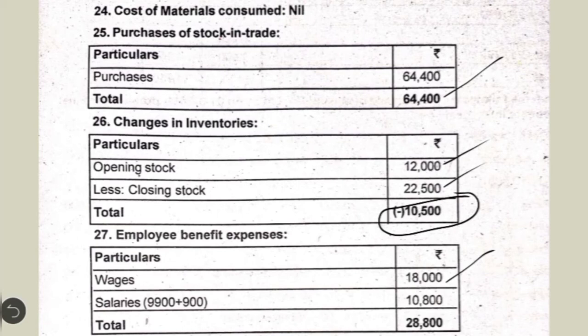Please remember, here we are not going to add the outstanding wages given in the trial balance because that addition is already over in note number 27. Here the adjustment is already over. When the outstanding wages is given in the trial balance, we have to show that only in the balance sheet, that is note number 29, that is other current liabilities. Okay, so note number 27, total we get 28,800.